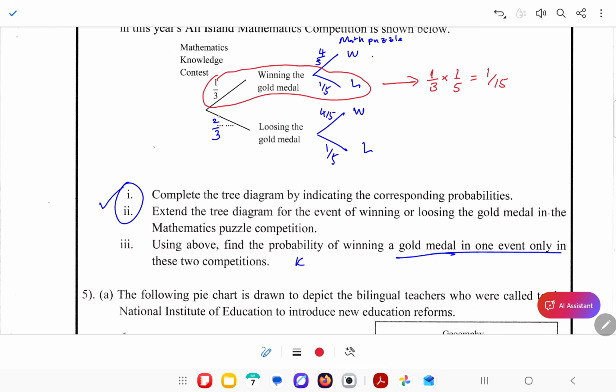Then the other way they can win one gold medal is losing math knowledge and winning math puzzle. So 2/3 into 4/5, so 8 over 15. So add these two and you get the answer for part 3, winning only one gold medal. So 9 over 15, 3 over 5.